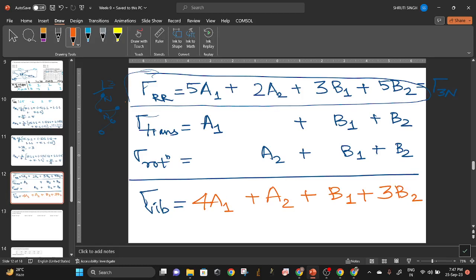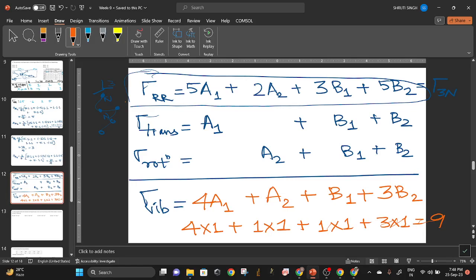How many modes are there now? Total number of vibrational modes, how many? 3, 4, 7, 8, 9. Yes, 9. So these are all one dimensional. So 4 into 1 plus 1 into 1 plus 1 into 1 plus 3 into 1. So we have 9 vibrational modes.